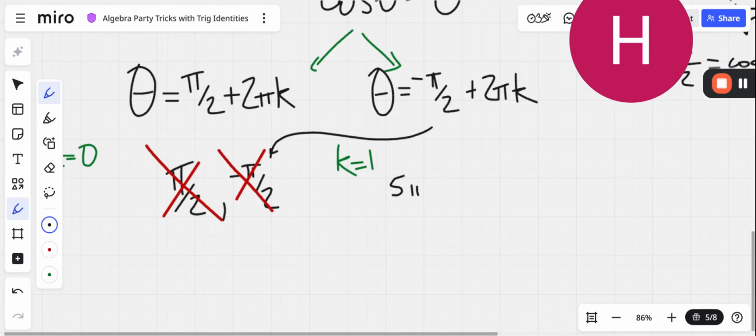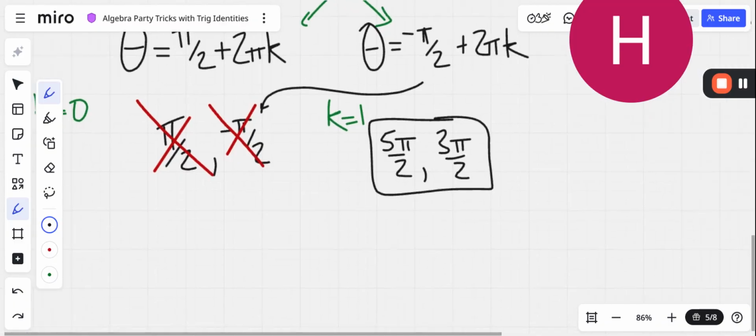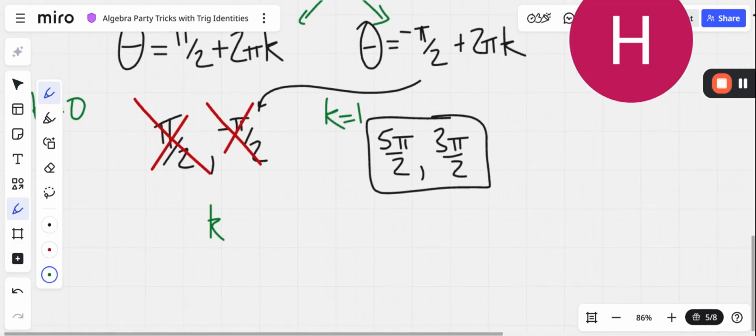If k equals 1, let's try to find new theta values. We'll have 5 pi over 2 and 3 pi over 2. And guess what? Those are perfectly fine. 5 pi over 2 is right on the cusp, but we're allowed to use 5 pi over 2. And then let's see what happens if k equals 2. That's going to give me 7 pi over 2.